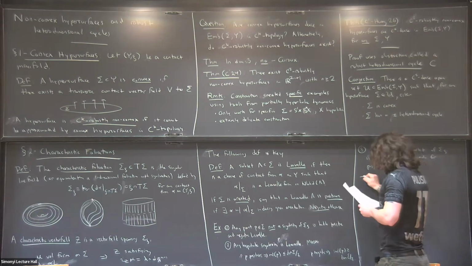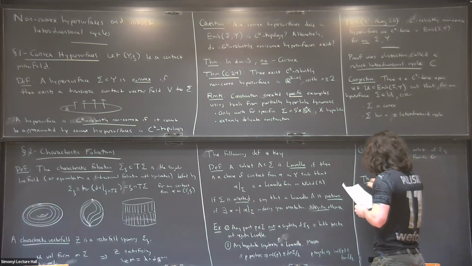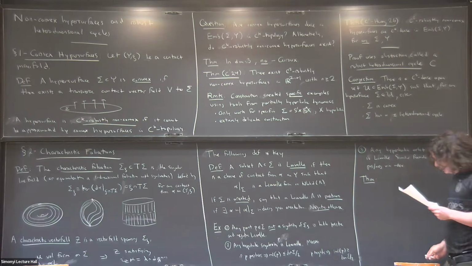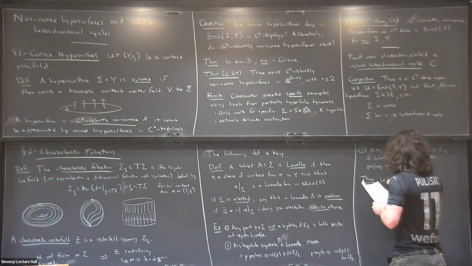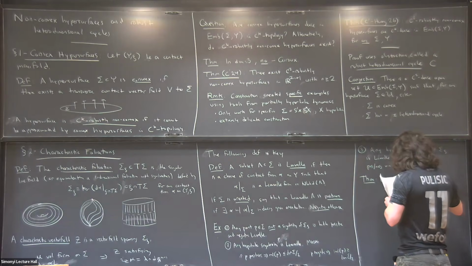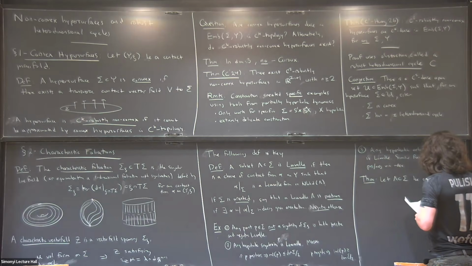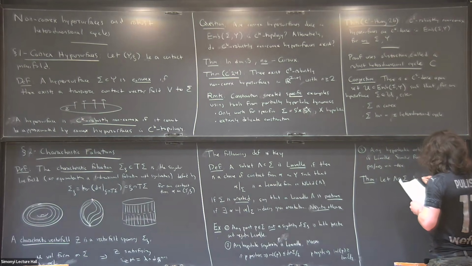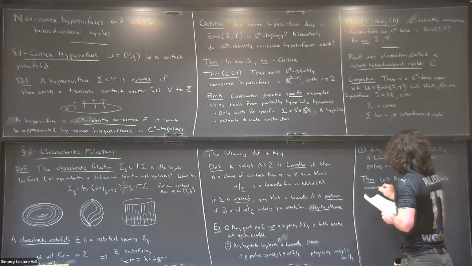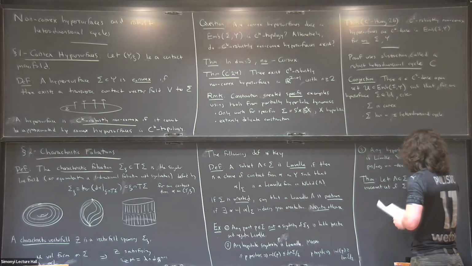here's a theorem. Kind of crucial. Okay, so let Lambda be a compact invariant set of the characteristic foliation.